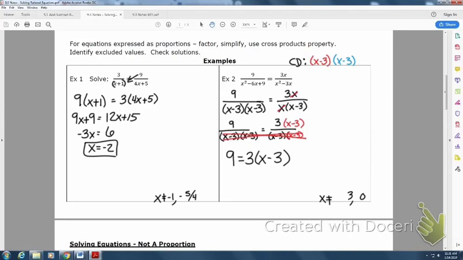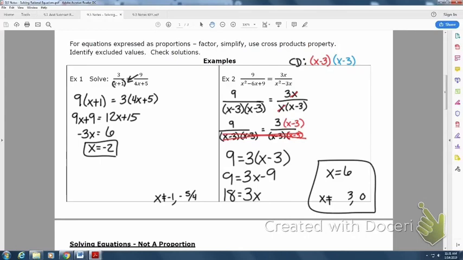So I would distribute my 3. Add 9. Whenever I divide by 3, x equals 6.